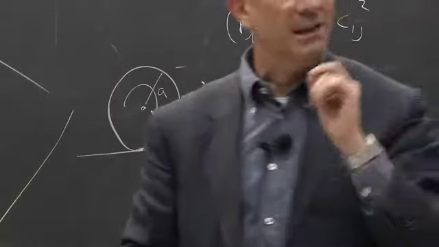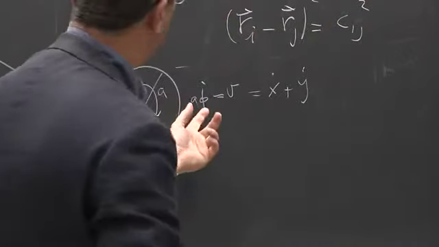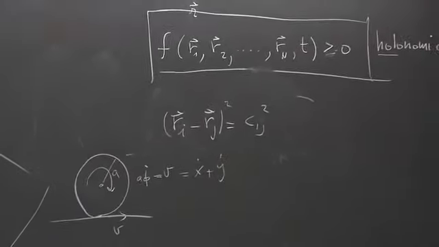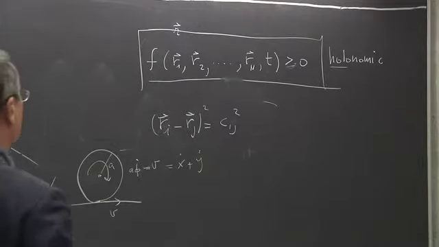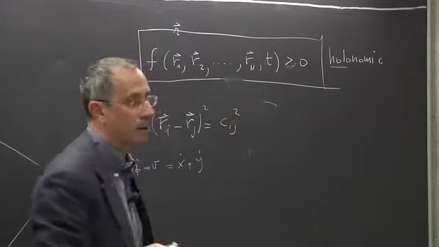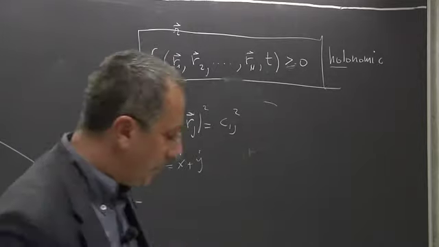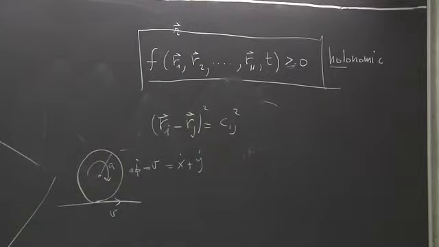But look, it's not holonomic, right? Because it's not the coordinates, but the velocities that I'm connecting. So this is another interesting example of something that it is a constraint, but is not holonomic, okay? Because the relation that I'm giving you is not on the coordinates, but rather on the velocities, okay?